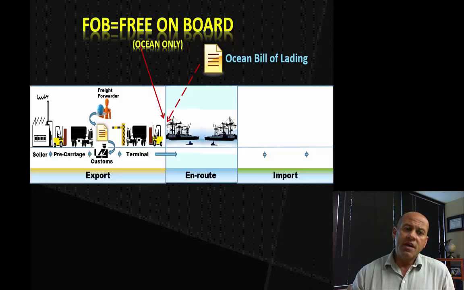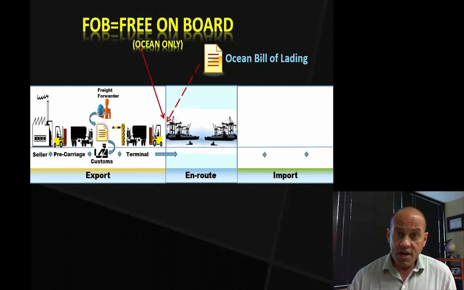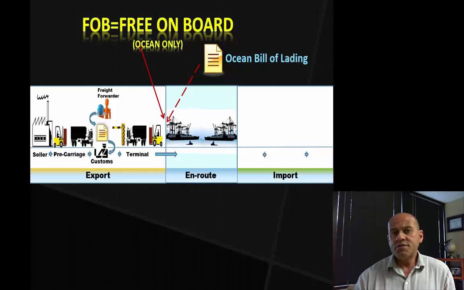In air freight, the bill of lading is a consignment bill of lading, and the buyer isn't required to have the original to clear the goods through customs. So that's an important feature to remember, because if you're using FOB as a way of a seller securing the possession of the freight, the same mechanism won't happen on air freight or truck freight.